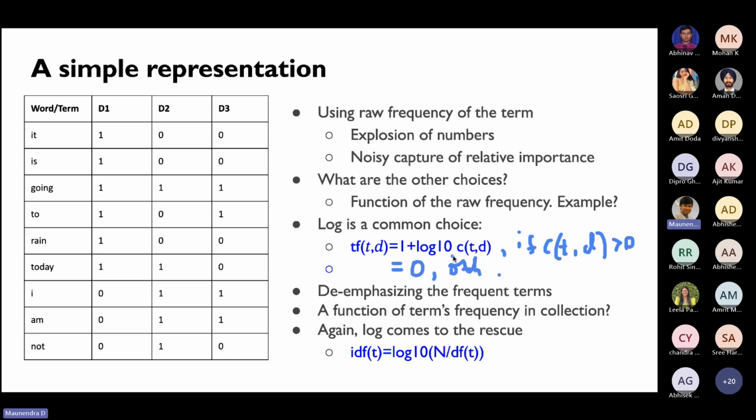So if we do not add 1, when the term is present only once, then also this TF becomes 0 and we are storing a 0 here. So we are not able to distinguish between whether the term is present here one time or it is not present at all. So that's about this function.